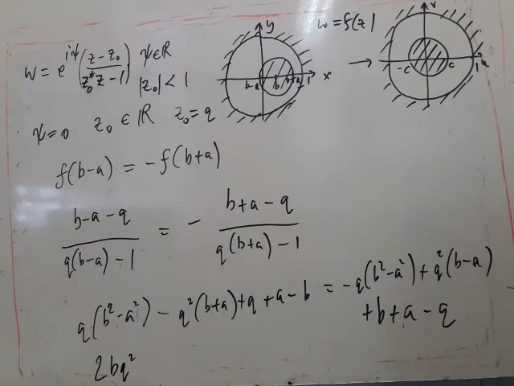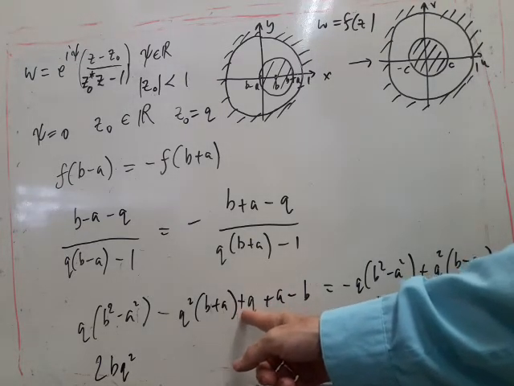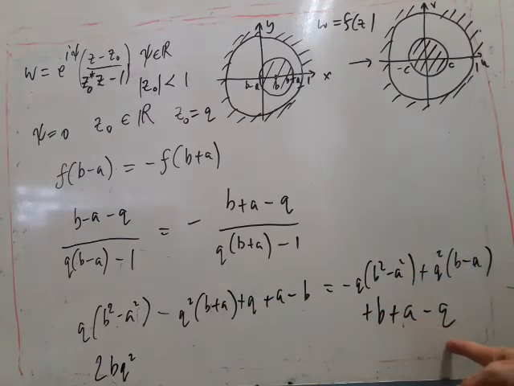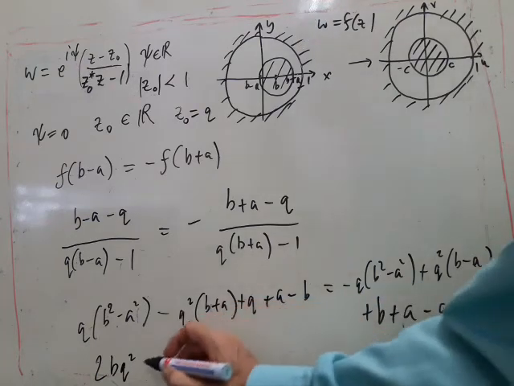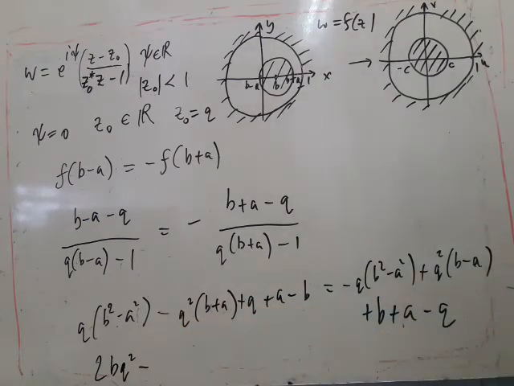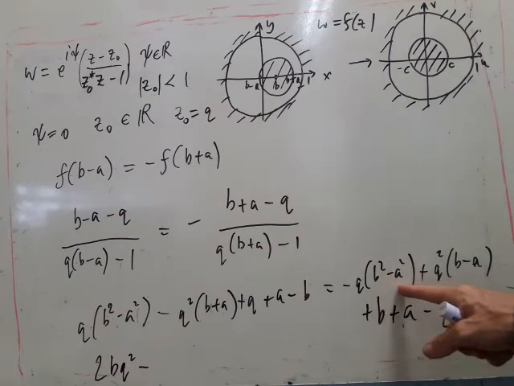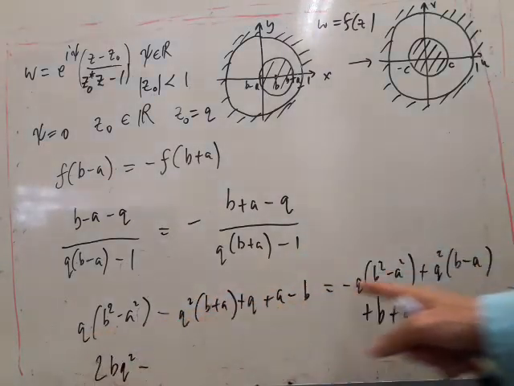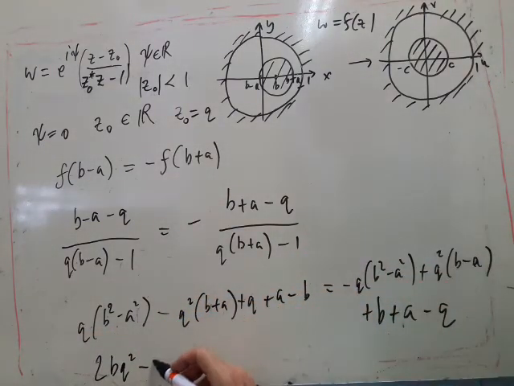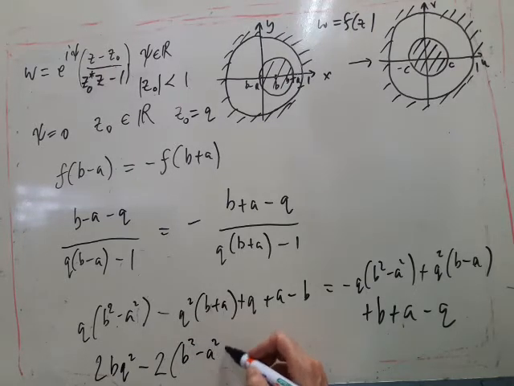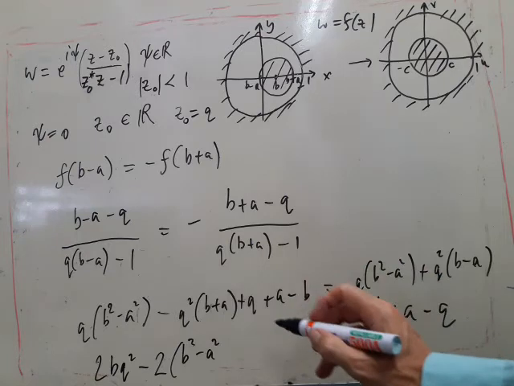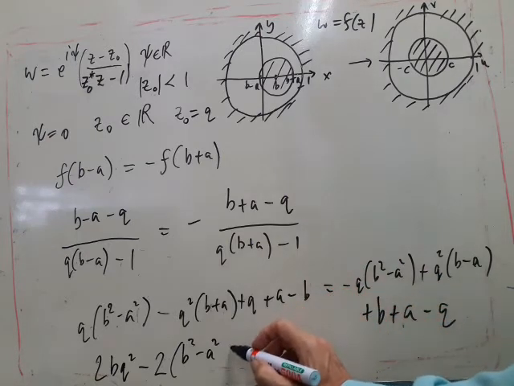Now what about what's multiplying q? So I've got minus 2q, and I've got a minus q times b squared minus a squared, and another minus q times b squared. So I've got minus 2 b squared minus a squared plus 1.